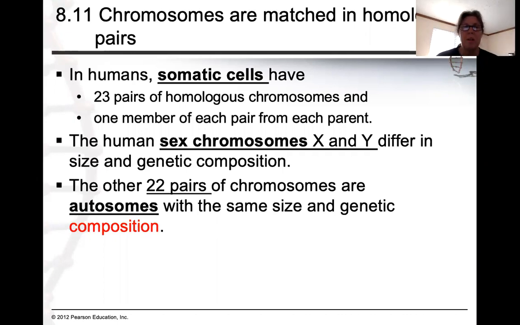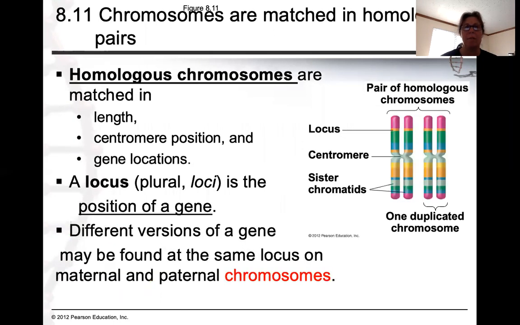Chromosomes 1 through 22, we call those autosomes. They're the same in males and females, basically, but then we have the sex chromosomes that will determine whether you are genetically a male or female. So if you have two X chromosomes, you are female. If you have an X and a Y, you are male.